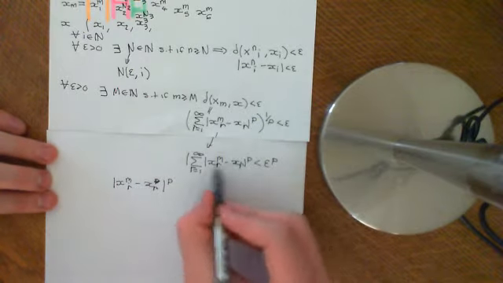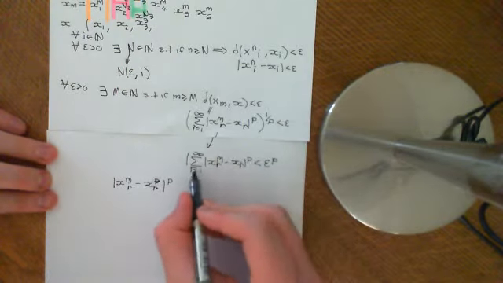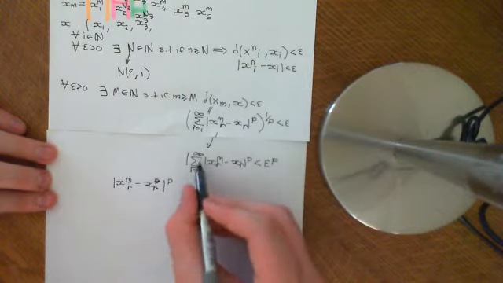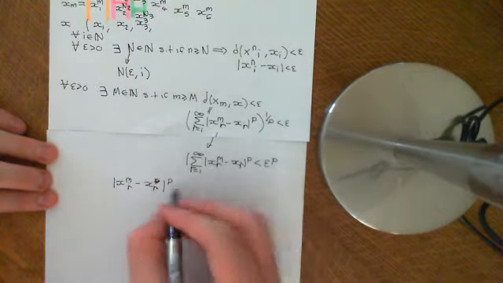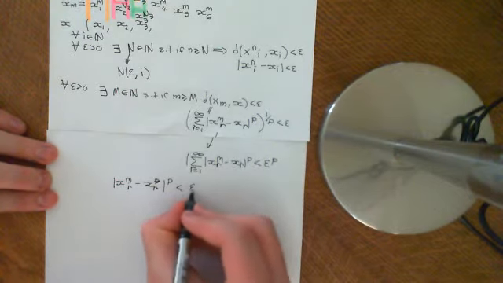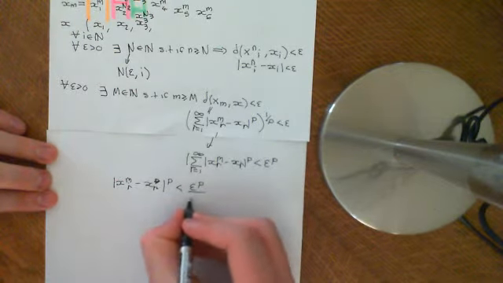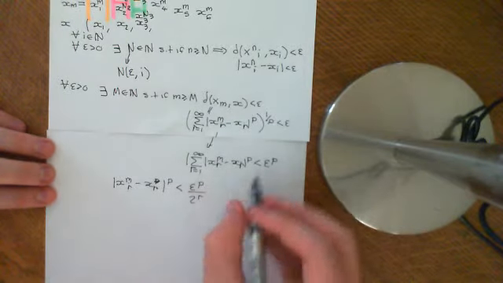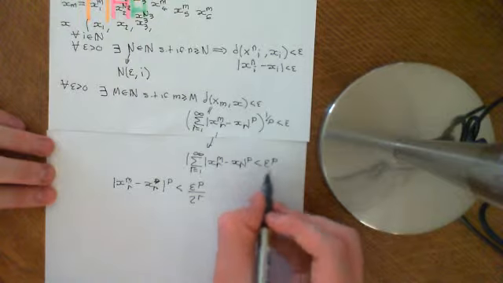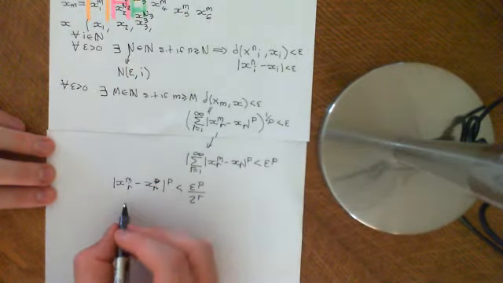Let's say I want to make the rth term of this series, which remember I'm adding up for r equals 1 to infinity, less than epsilon to the power of p over 2 to the power of r. If I did that, then would this be true basically? It would, and let me show you why.